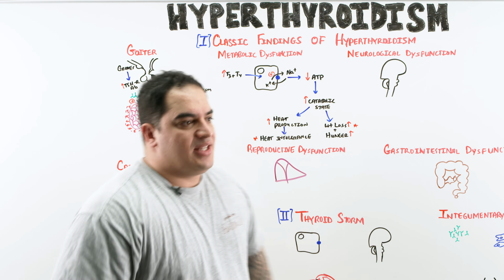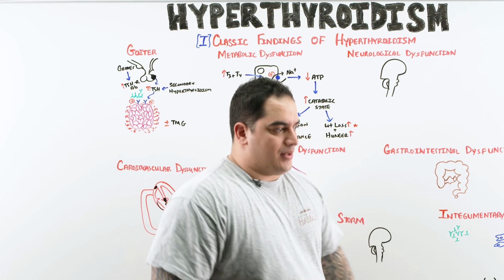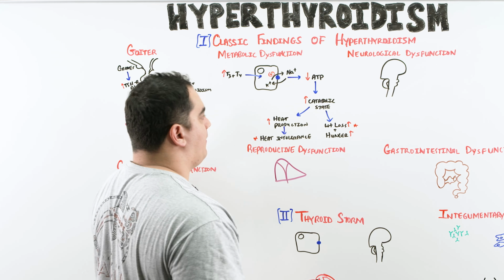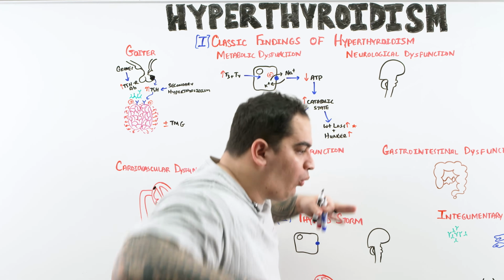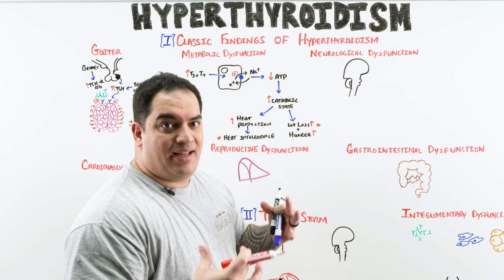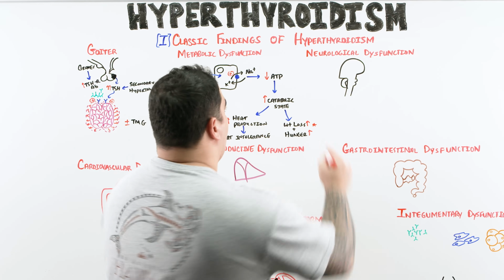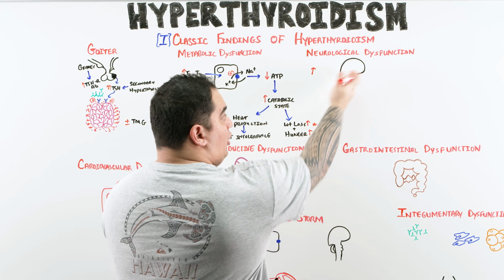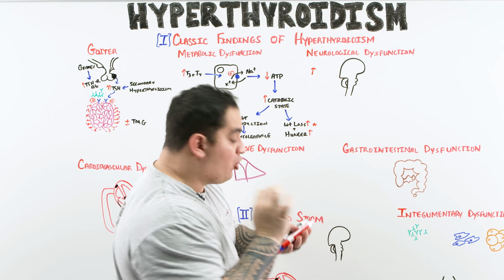The other concept is that it has a very profound effect on our neurological system. So I really want you to think about hyperthyroidism as really ramping up the metabolic activity and multiple system activity. Everything is on hyperdrive. So the same thing in the brain, imagine increasing the metabolic activity of multiple neurons.